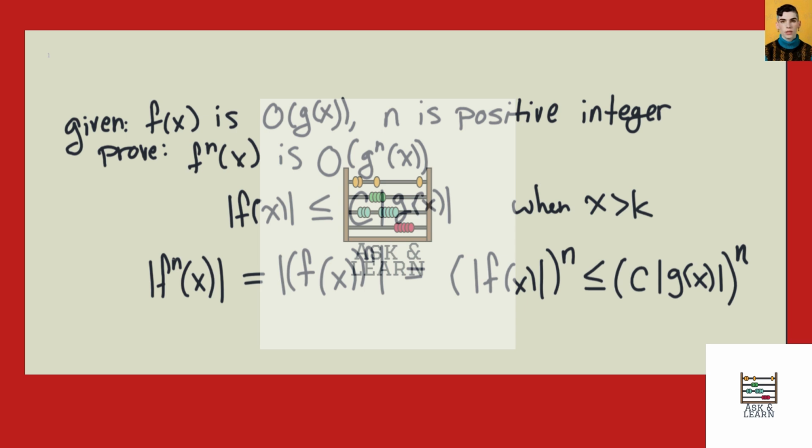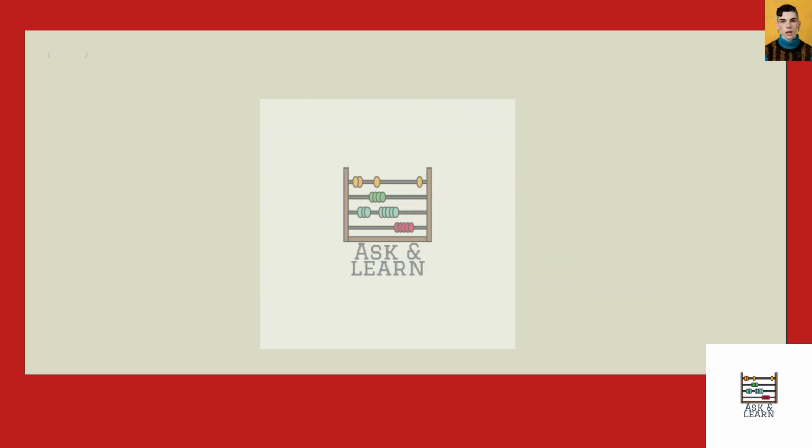Okay, this expression we'll work with. I'm going to work with it on a new page here. So we had that the absolute value of f to the power of n is less than or equal to c times the absolute value of g of x to the power of n, right?